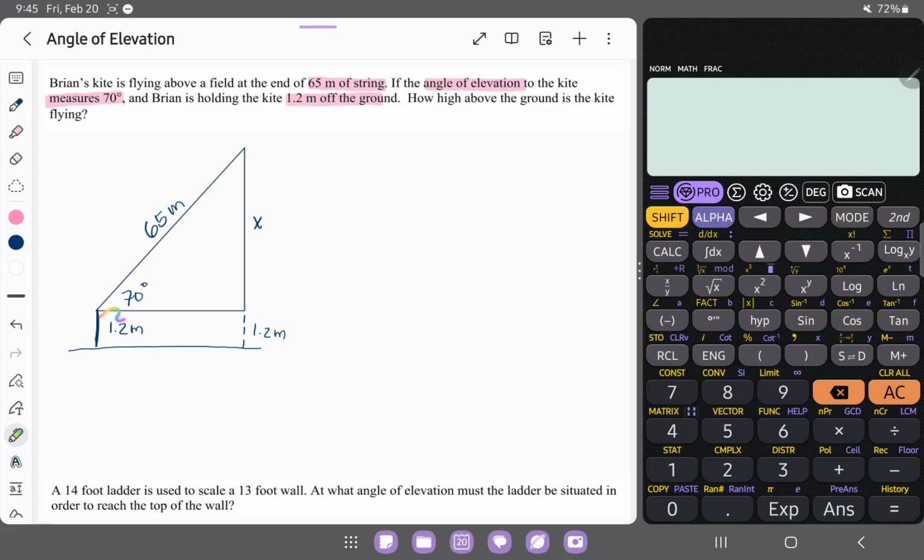Now, tandaan, since ito ay ground, alam natin na 90 degrees to, and ito will be parallel and at the same time congruent to one another. So, from here, we have our reference angle which is 70 degrees. So, lagyan lang natin nga pala ng symbol ng right angle.